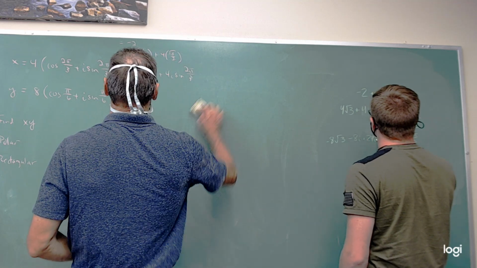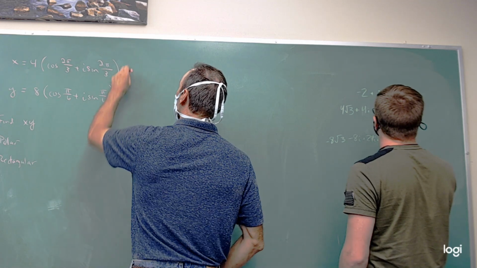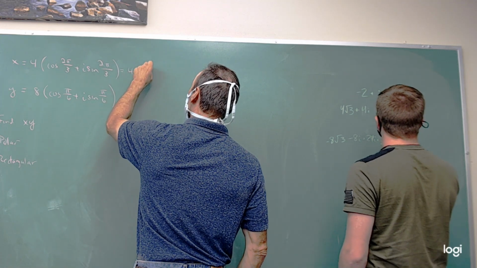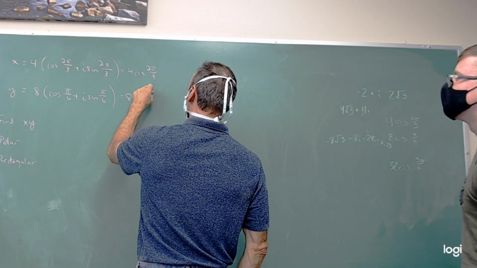Why am I doing that? Scratch that. Or we just call it 4. 6 pi over 3, huh? Oh shoot. It's pi over 6.